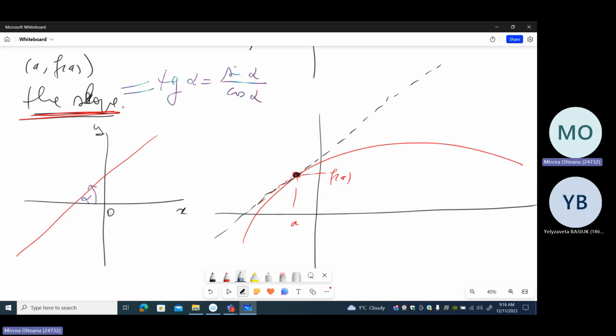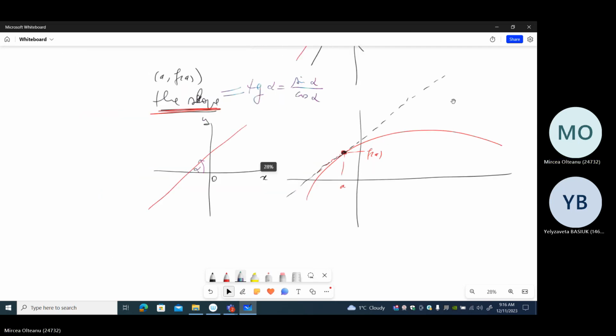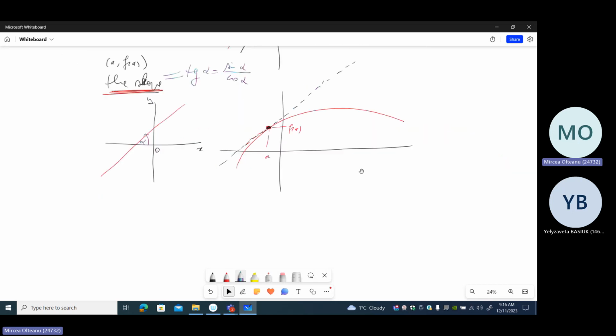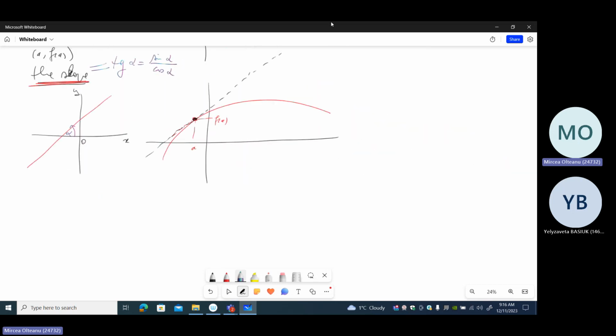For example, but don't worry, it's not too much trigonometry here. You will see. For example, if our straight line is this one, making here an angle of pi over 4 radians, or in degrees, 45 degrees.